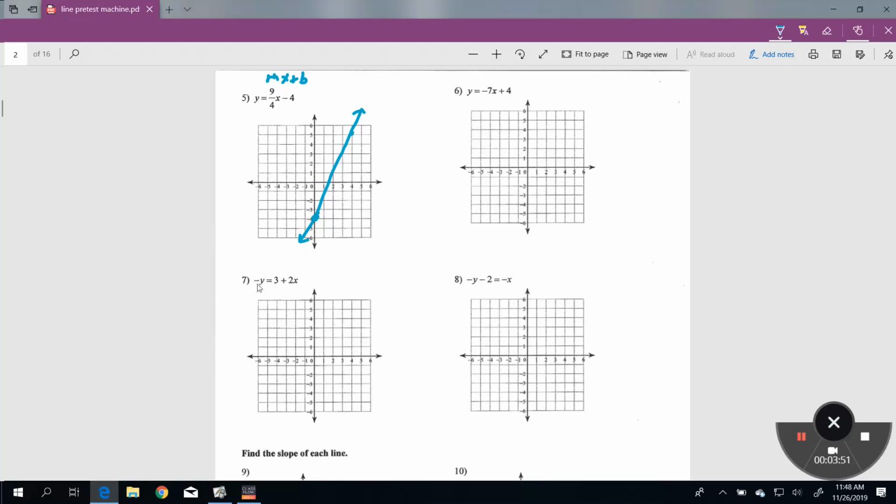So I'm going to multiply or divide everything by -1. So y equals -2x minus 3. So I start at -3, I go down 2 over 1. I can keep the same pattern going. And then I just connect those dots.